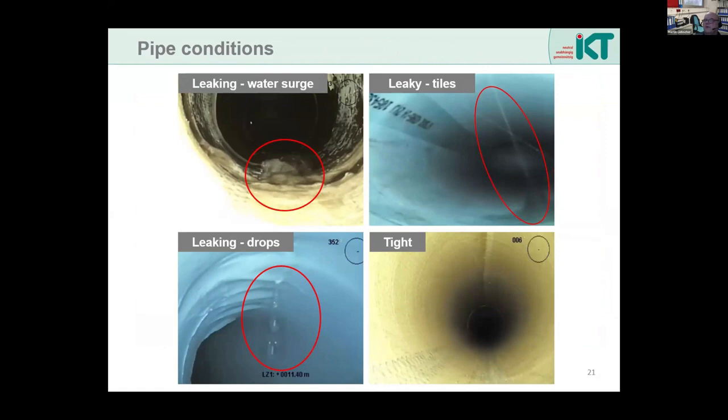You see on the top left. On the top right, you see a smaller leakage with water coming in a jet shape. On the bottom left, you see a leaking type with drops, where drop water comes in. And last but not least, sometimes we also had a tight pipe after the repair with certain short liners.